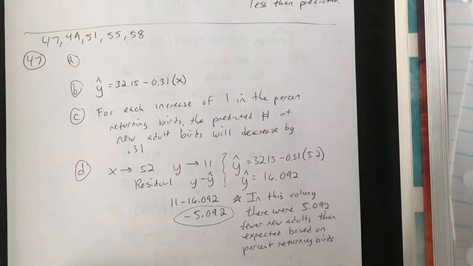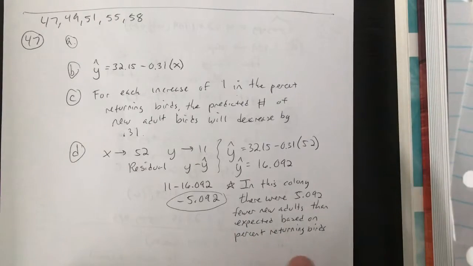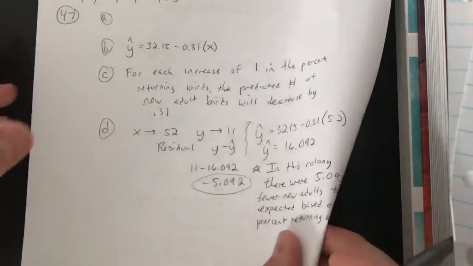You should always reference that "based on" portion of the sentence in your interpretation. Okay, that was 47. Let's go on to 49 now.